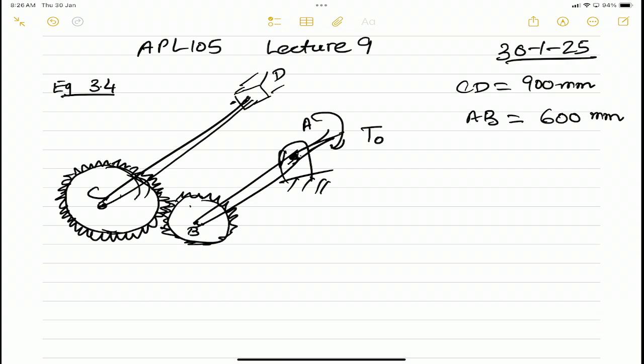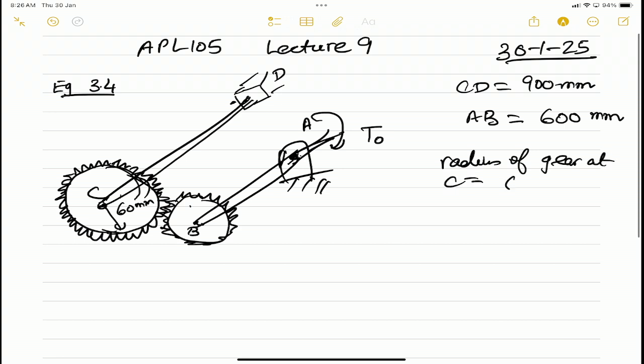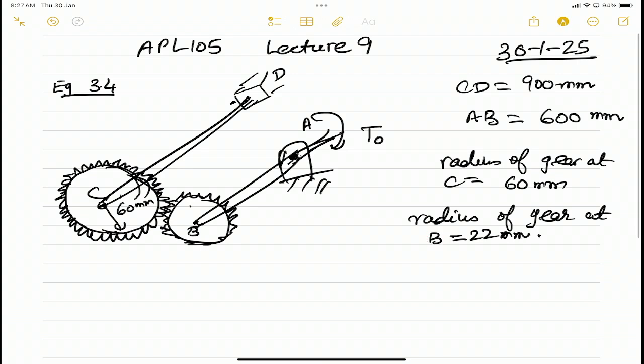The radius of gear at C is equal to 60 millimeters, and the radius of gear at B is equal to 22 millimeters.